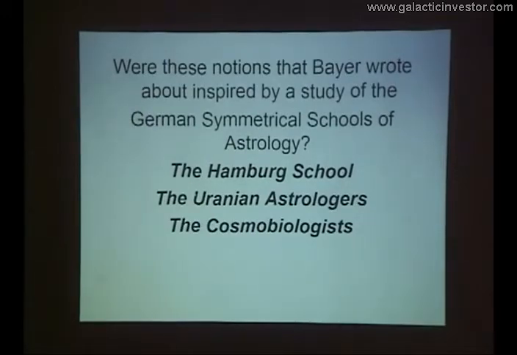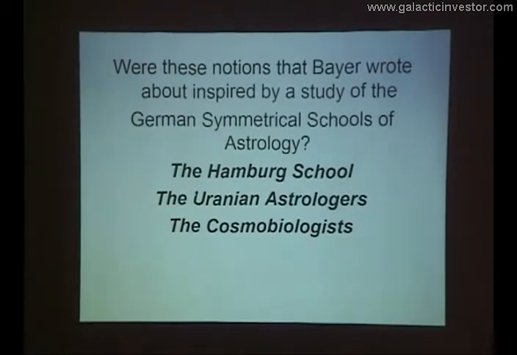A lot of the work was not translated and readily available until the 1960s. And there aren't many astrologers today who know about this work, but Bayer was born in Germany. And he talks in his writing about reading things in German in ancient German books on astrology.